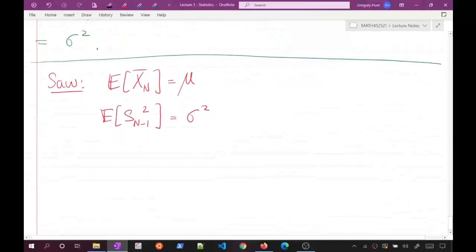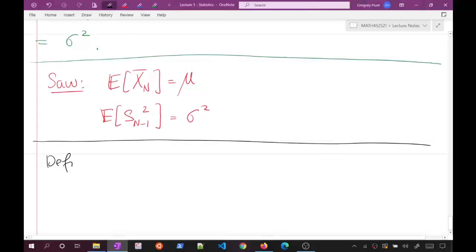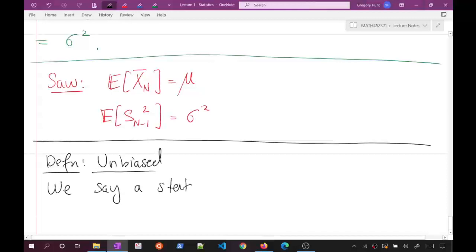This leads to a definition that you'll hear in statistics, and the definition is unbiased. We say a statistic is unbiased for a quantity, and let's just generally call that quantity theta.